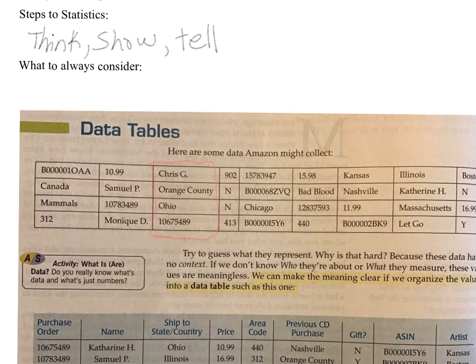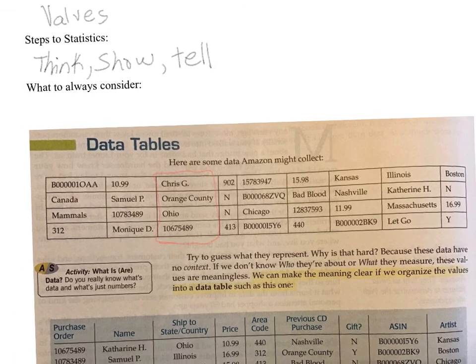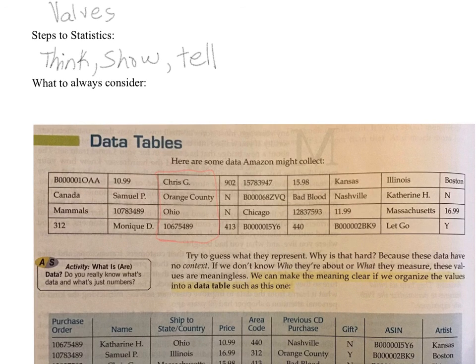And even the rows here, let's look at the top row with Chris. All this makes absolutely no sense whatsoever. So it doesn't just help to put it all in a table. We have to put it in a context, which makes sense.